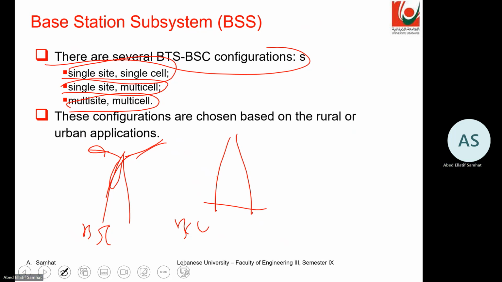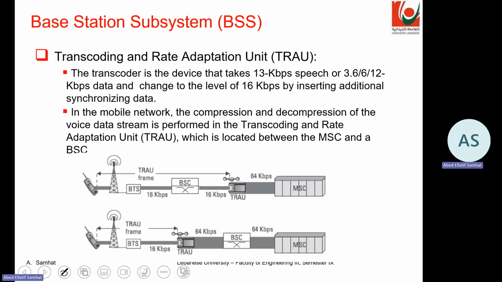And if we want to see together what the transcoding and rate adaptation unit is, remember last year when we presented the voice encoding, we said that it's possible to have, for example, voice encoding at 16 kilobit per second or at 64 kilobit per second.